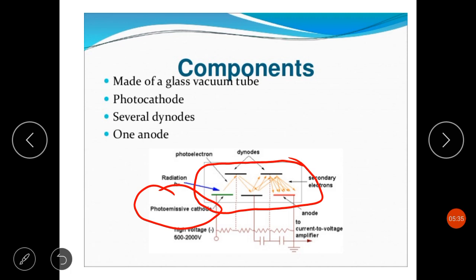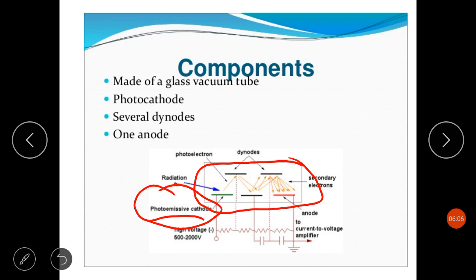Inside the glass envelope there is a photoemissive cathode, a thin metal film, the surface of which is coated with a photoemissive material. We call it a photoemissive cathode or a photosensitive cathode because it is sensitive to light, to photons. When light falls on this cathode, electrons are emitted. Both terms mean the same thing here.